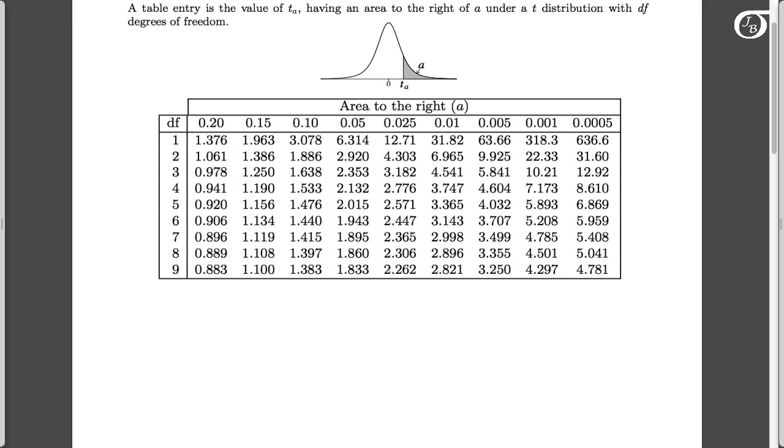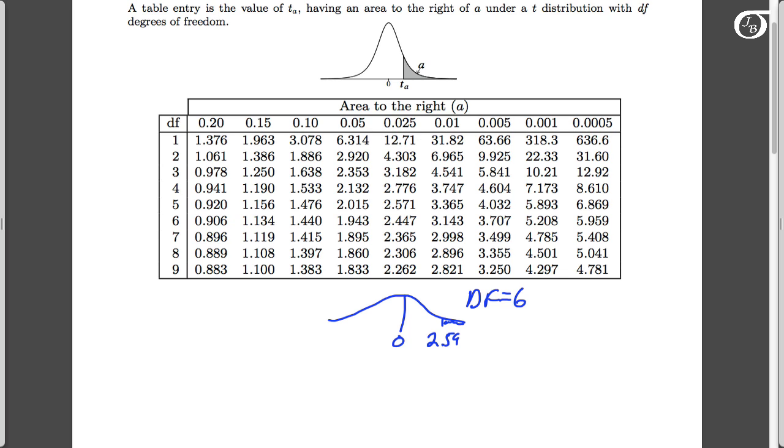We need to find the area to the right of 2.59 under a t-distribution with 6 degrees of freedom. So 2.59 is somewhere around there. This is the area we need with 6 degrees of freedom. Values in the table here, these are t-values with these areas to the right.